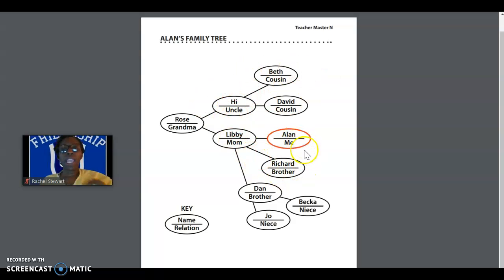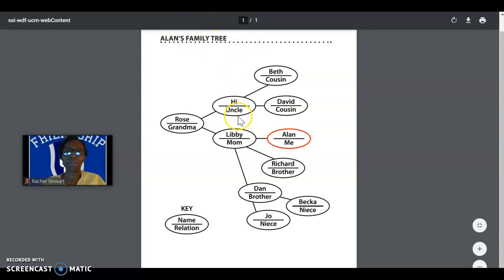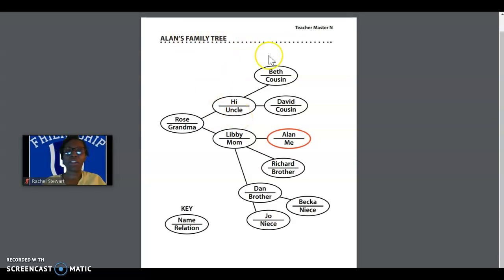As we notice this, let's go ahead and decode this. And we know this from using the term family tree. Now, I know you're like, okay, we understand what a family tree is. We probably had to do it in kindergarten. But we are going to look at a family tree from a different perspective today.